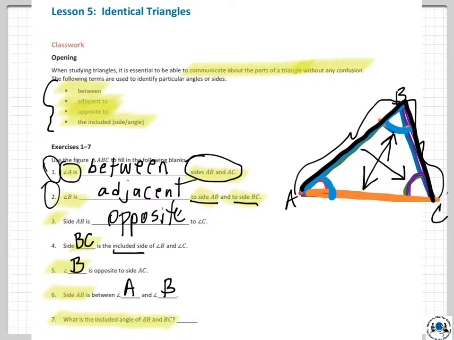So now the question is the included angle, whereas we had included side up here. Okay, we have included angle, and again I think that should be pretty clear, and it is angle B right there. Okay, because it is included, it's also between. Okay, so there are several different ways to look at these relationships, sides and angles.